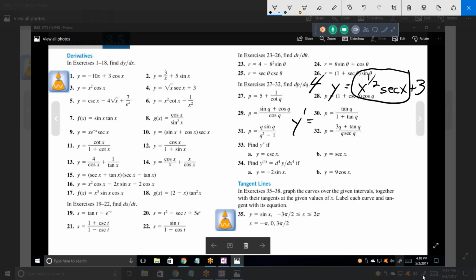In other words, you could also do u prime v plus uv prime. Just do the opposite, in each case. However you like to start it, stick with that order.